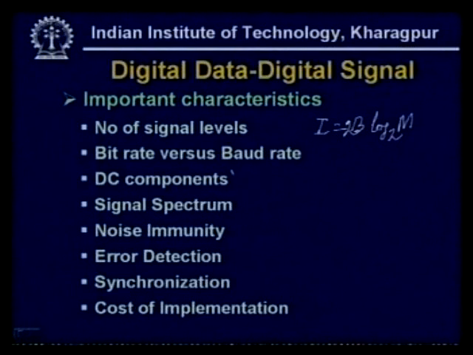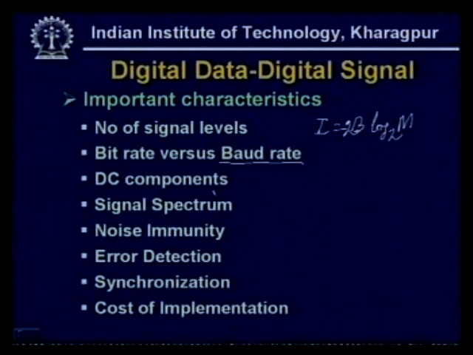If you use multi-level encoding, then the baud rate will be less than the data rate, but in some cases the baud rate can be more than the data rate. So, that we have to decide. Obviously, we shall prefer a lower baud rate, so as to achieve a higher data rate of transmission through the transmission media.